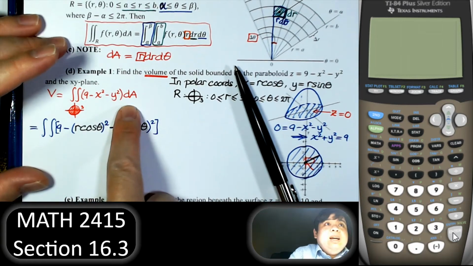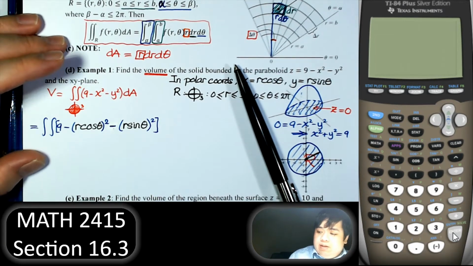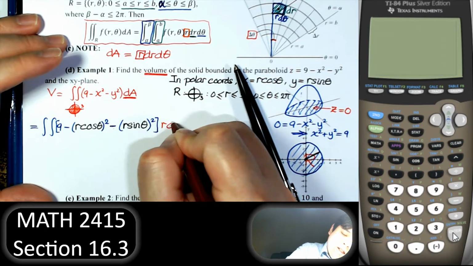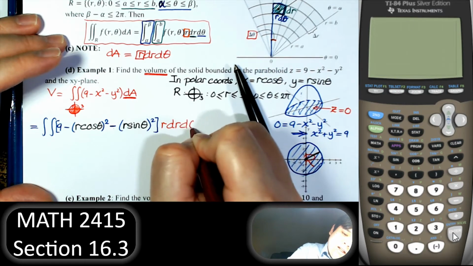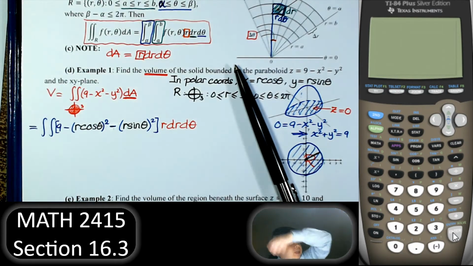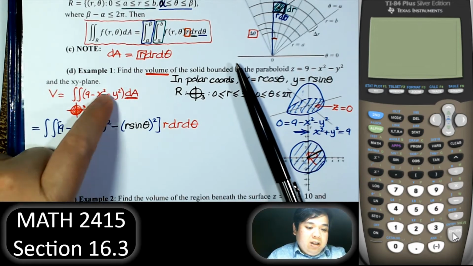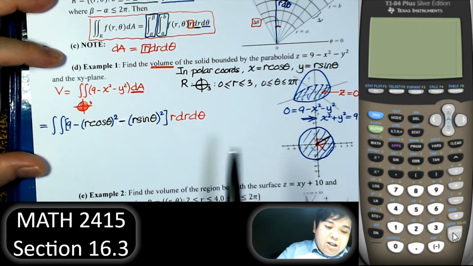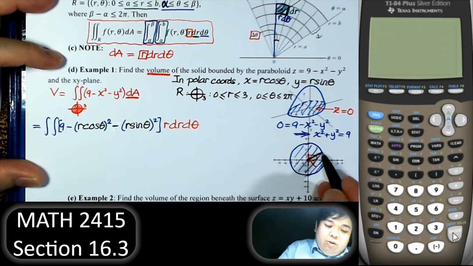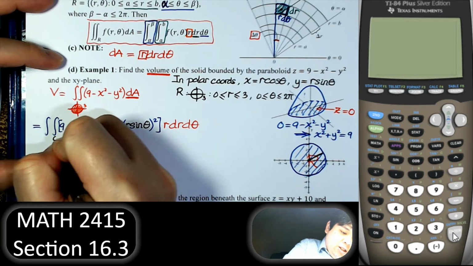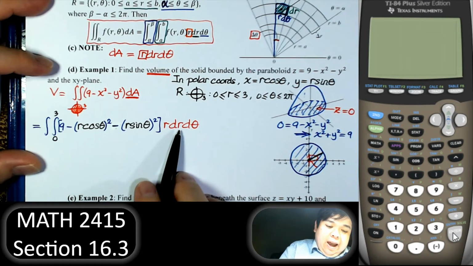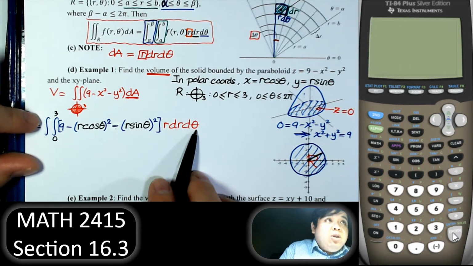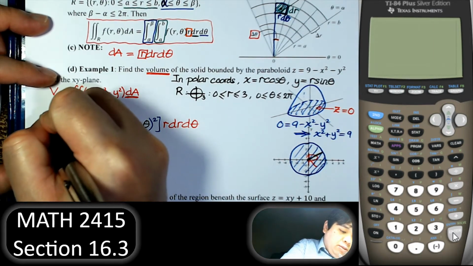Now the dA here is r dr d theta. So the function in terms of r and theta, and then r dr d theta. What are the limits? Easy enough: the inner limit, the radius, goes from 0 to 3, and the outer limit is theta, which goes from 0 to 2 pi.